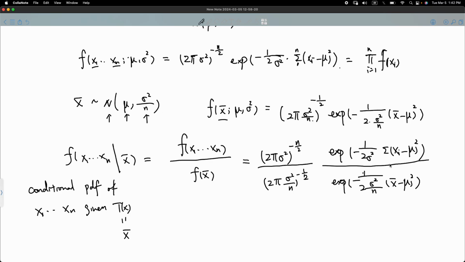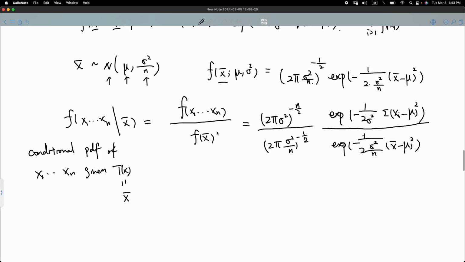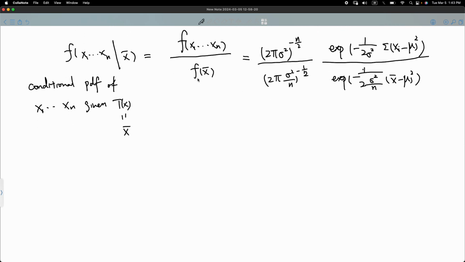Okay, so our goal next is just to keep simplifying this division.